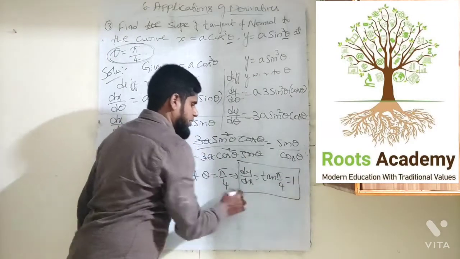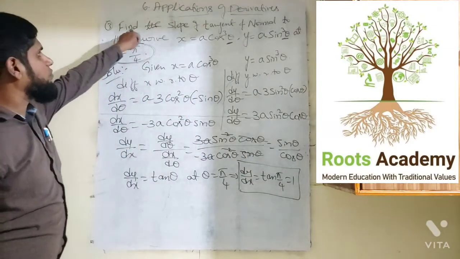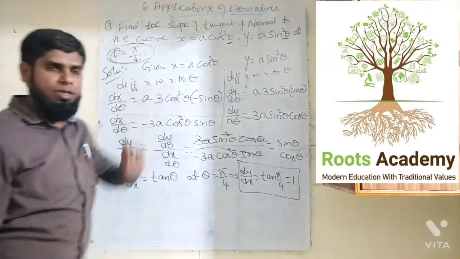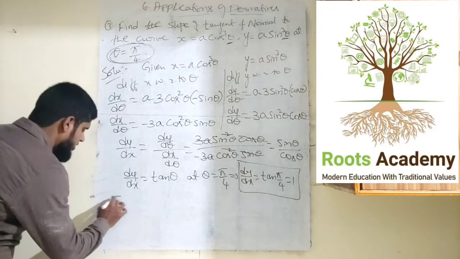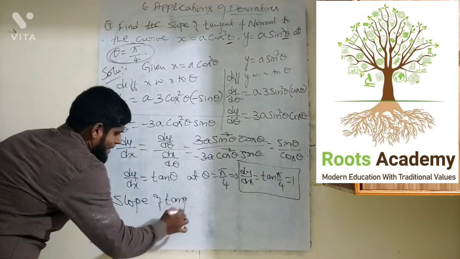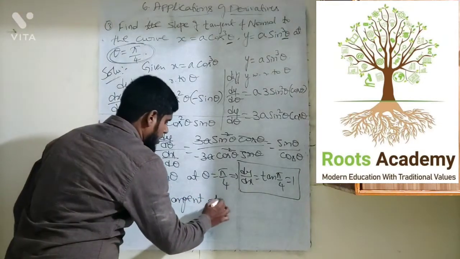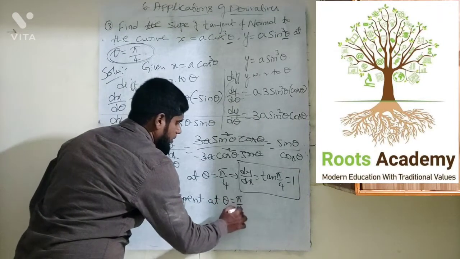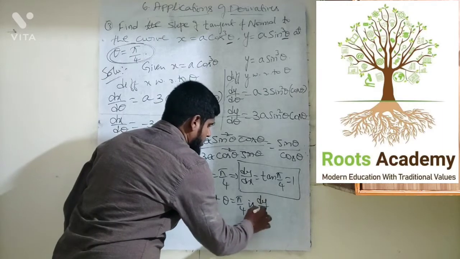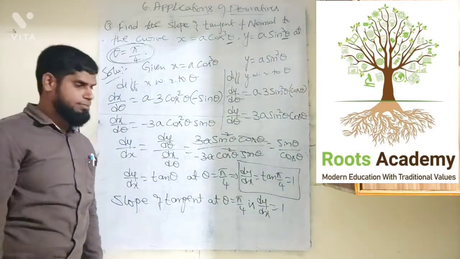This is our dy by dx. So now here it is asking us to find the slope of tangent as well as normal. So slope of tangent at theta is equals to pi by 4 is dy by dx is equals to 1.